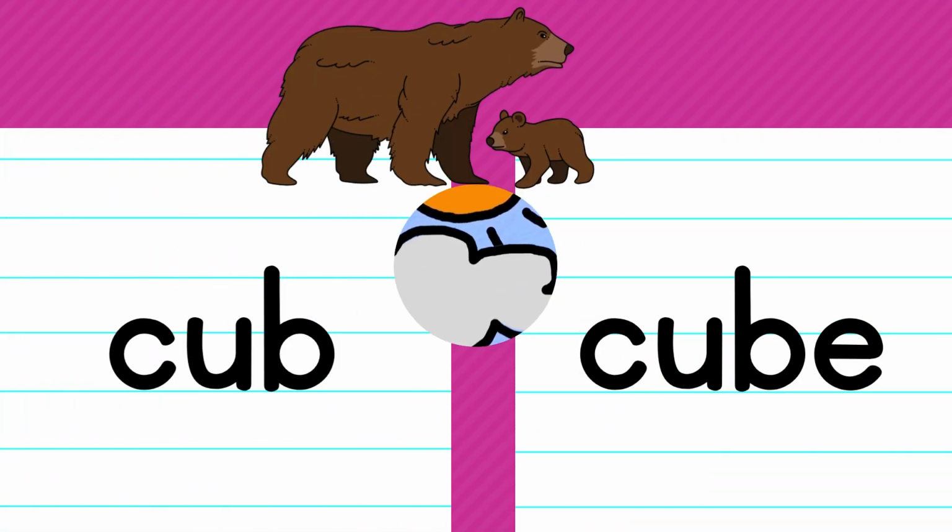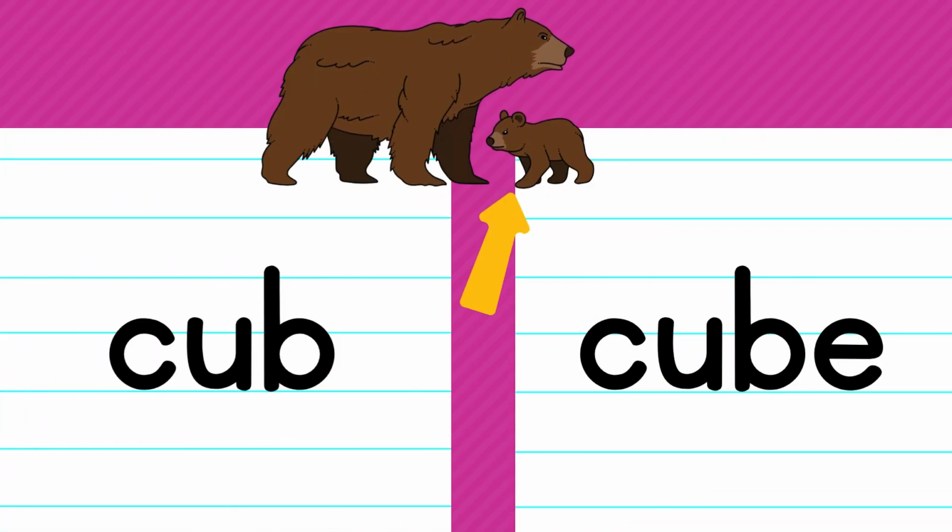field trip. You are doing so well using the magic E rule that I have a game for you. Look at these two words and decide which one is the word cub, as in a baby bear. I'll count down from 5.